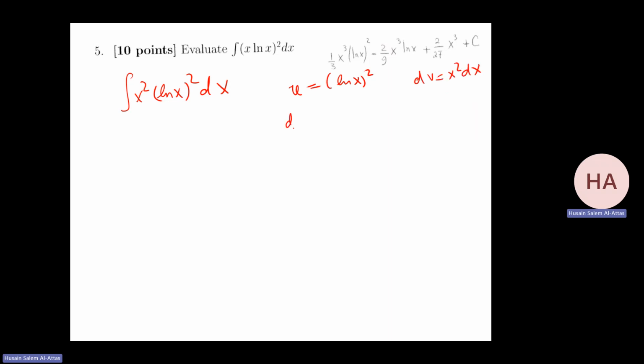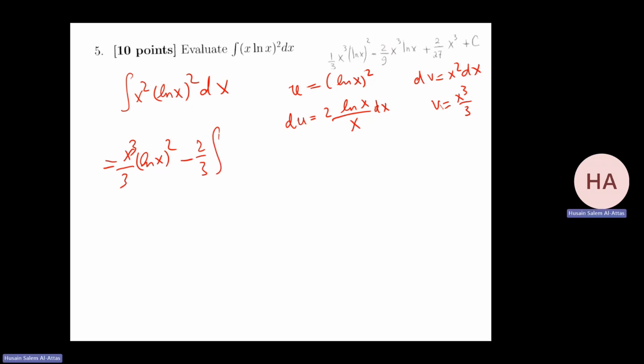Let us see what will happen. du will be 2 ln x over x dx, and v will be x cubed over 3. I think this should work out. That will be x cubed over 3 ln x all squared minus the integral of what? Make it 2 over 3 out.